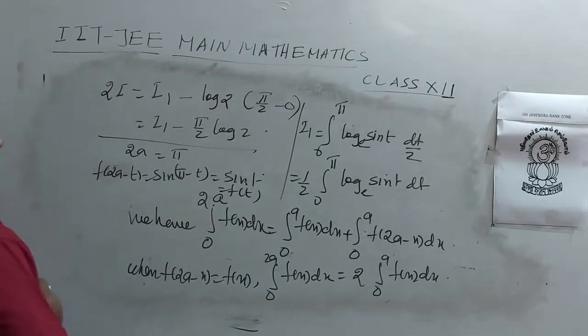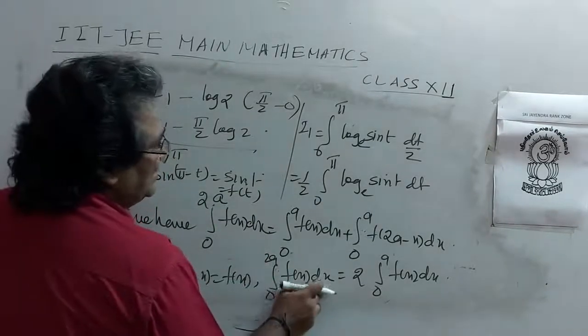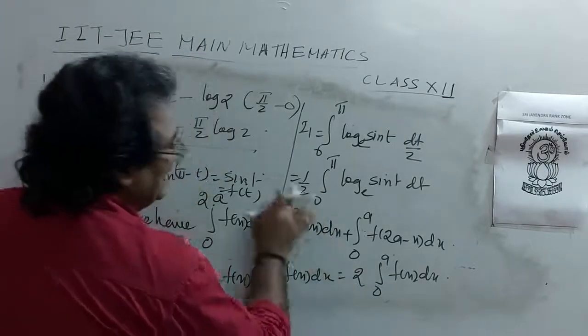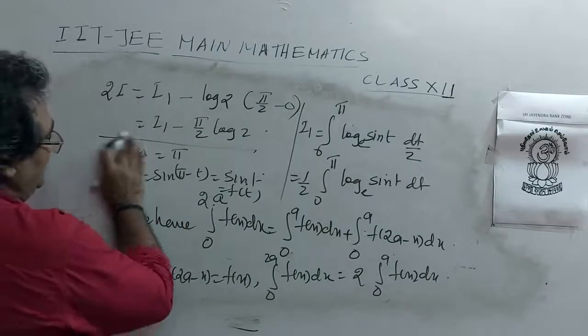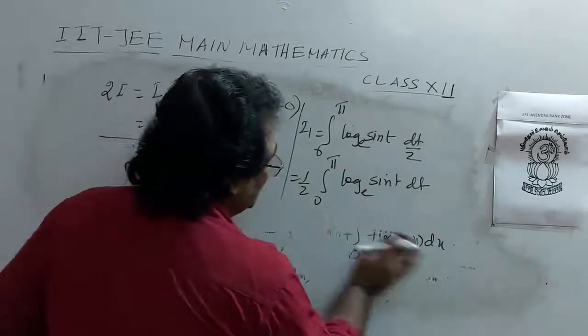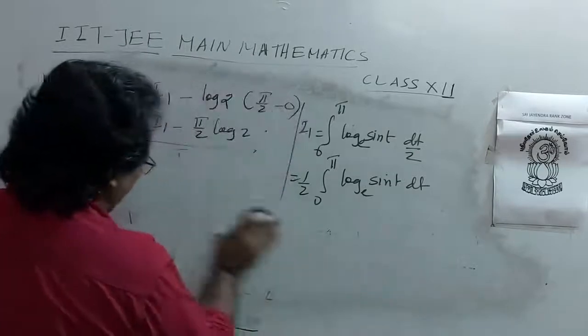Therefore integral 0 to 2a f of x dx is twice integral 0 to a f of x dx. We can apply this result here. We will see this property next, but we are using it here.